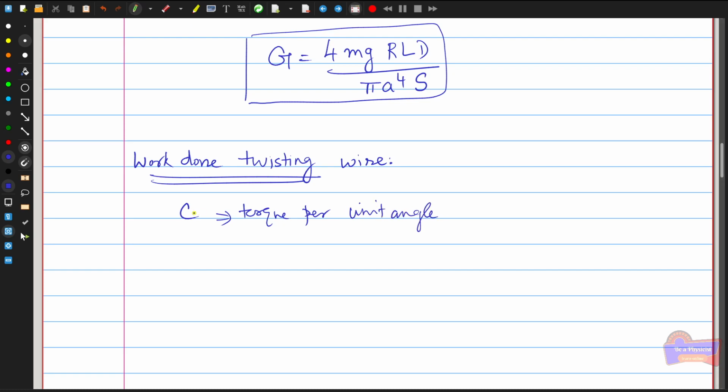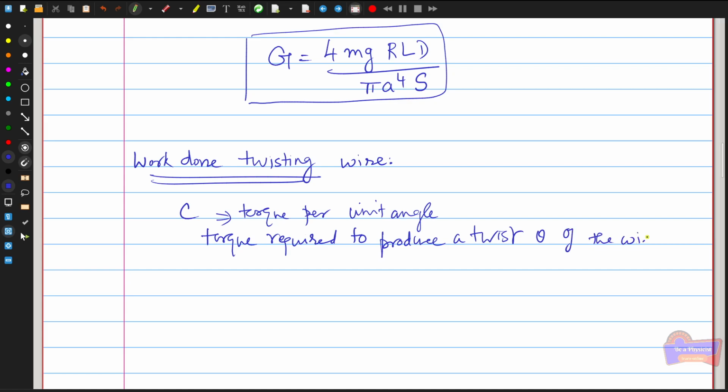The torque per unit angle of the wire is taken as c, so suppose we want the torque required to produce a twist of some theta of the wire, we take capital C equal to small c into theta.